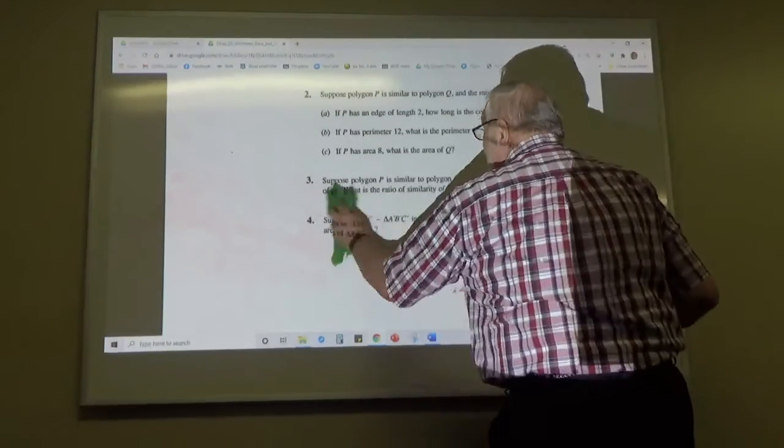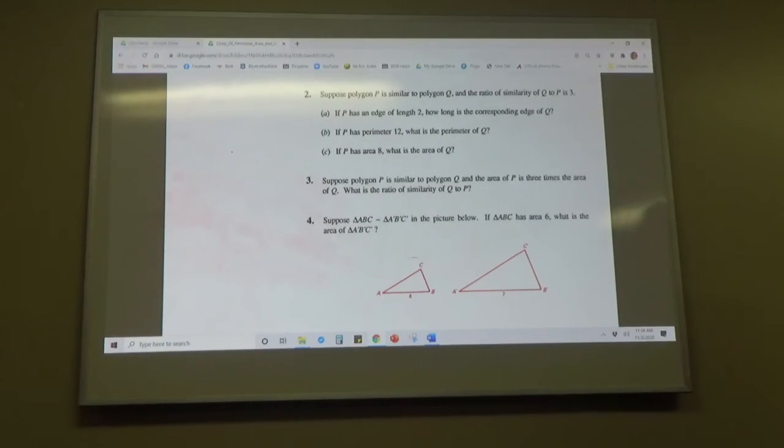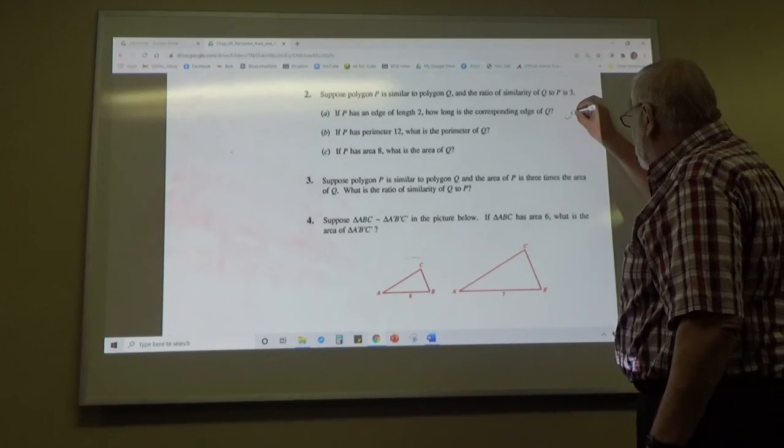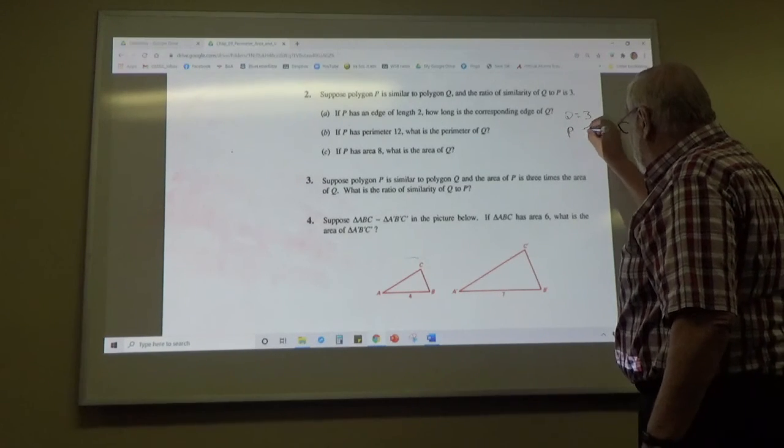Okay, suppose a polygon is similar to cube and the ratio is 3. All right, so Q is 3 and P is 1.